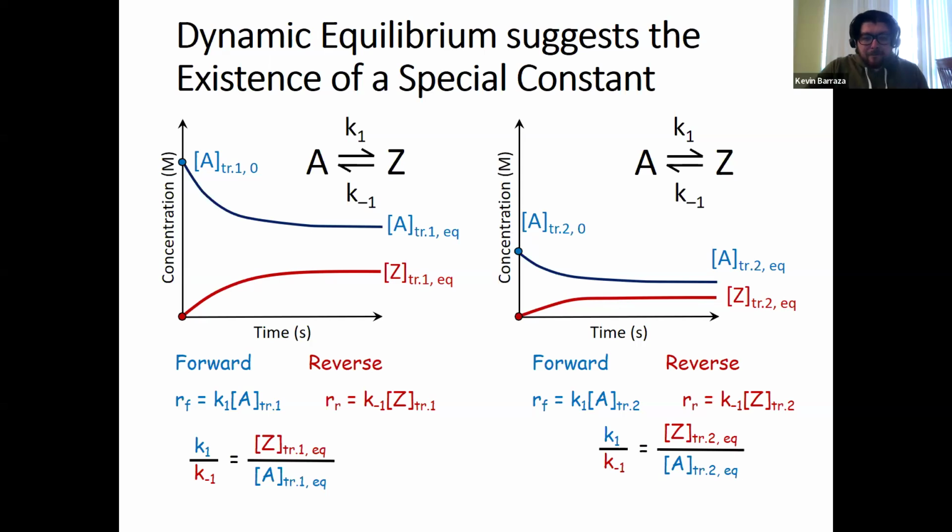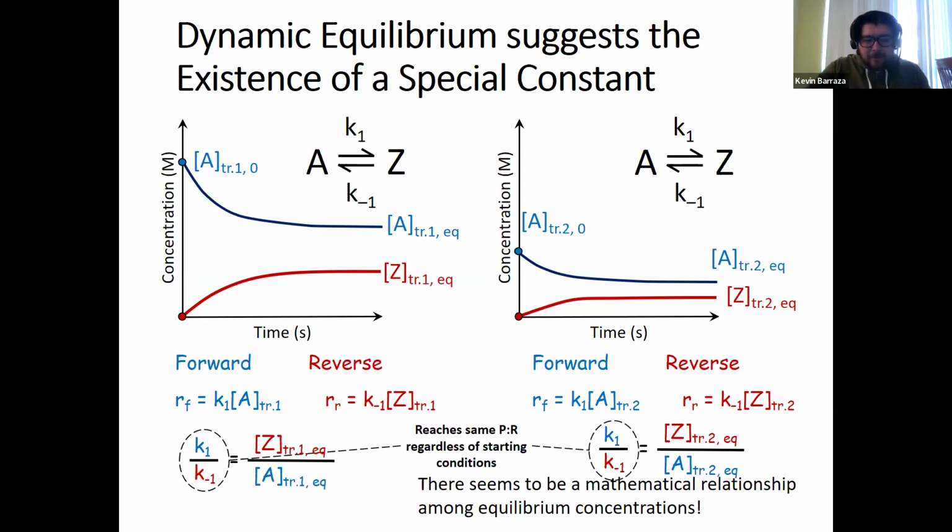But we realize there's now something special about this. No matter what our initial conditions are, the series of thought process will always be the same, and the math associated with that will always result in the ratio of concentrations at equilibrium equaling not just a constant number, but the same constant number every single time.